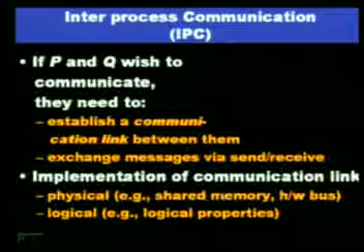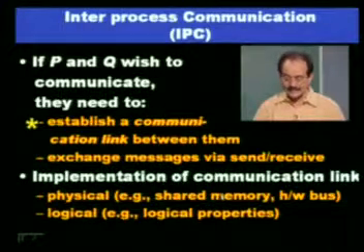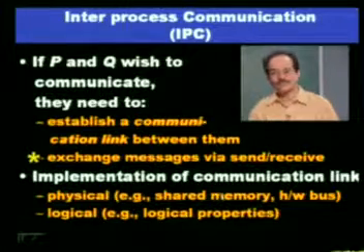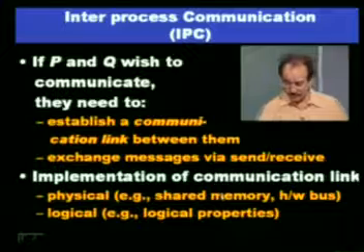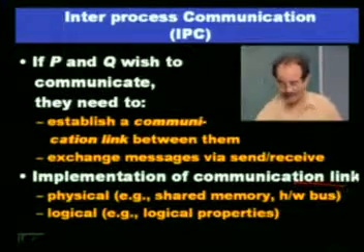Now, if P and Q want to communicate, first of all they must establish a connection between the two processes, and then they exchange messages, sending or receiving messages between each of the processes. Now, how do we implement this sort of communication link? That is again a very important thing.